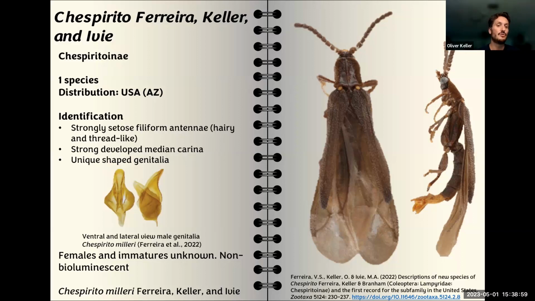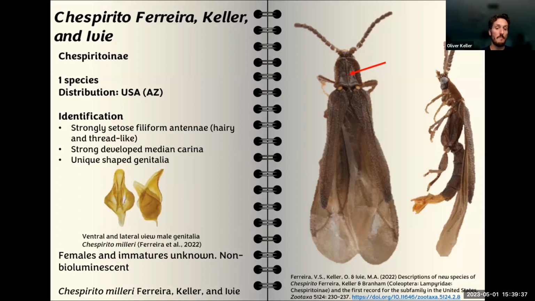They have very strongly setose filiform, so thread-like, antennae, with a lot of hairs, so setae, on them when you look at them under the microscope. They have a very strongly developed median carina, kind of like Pyrectomena, but they look nothing like Pyrectomena. And the genitalia are very uniquely shaped, distinguishing them from any other genus and subfamily in the US for sure, even in the world.